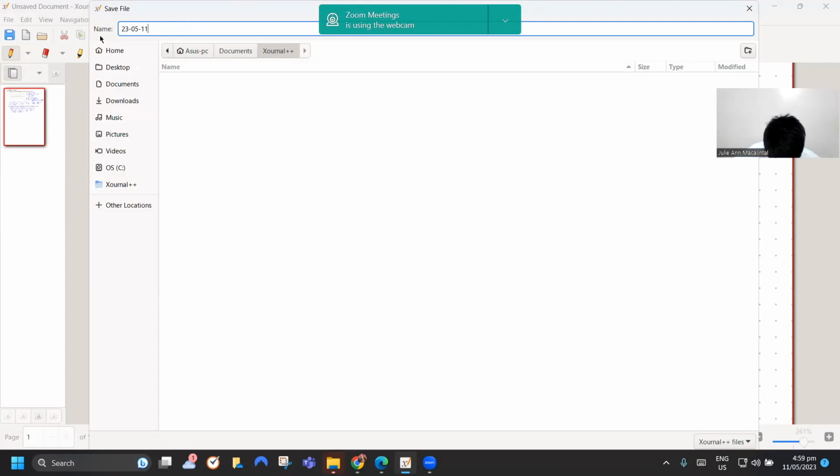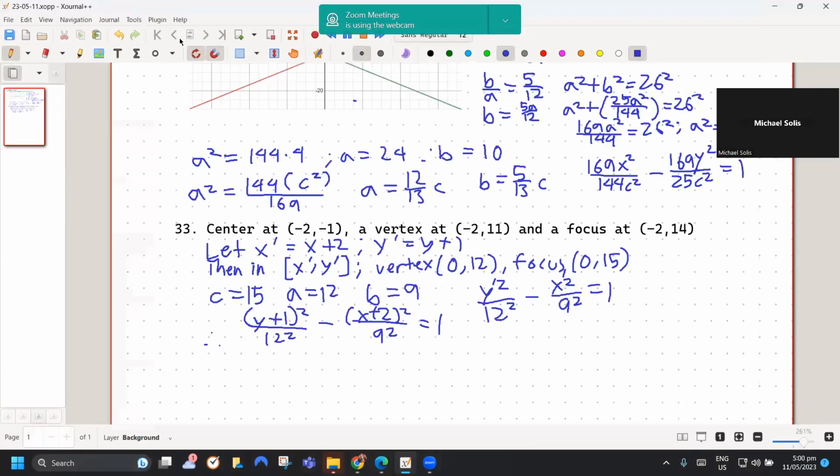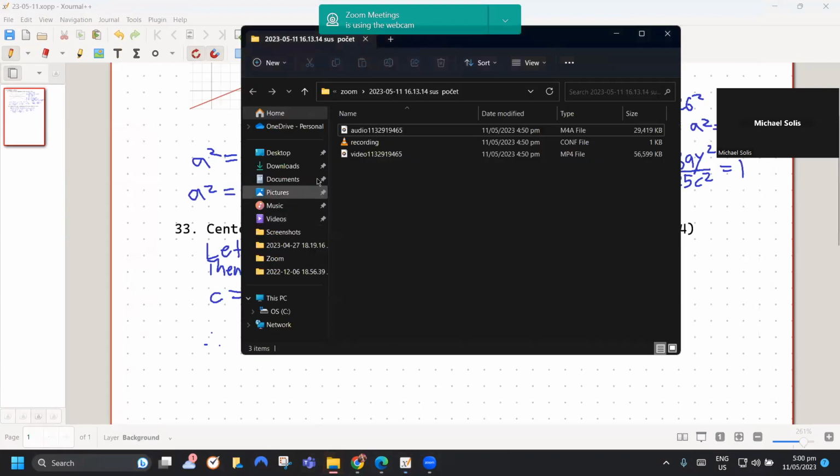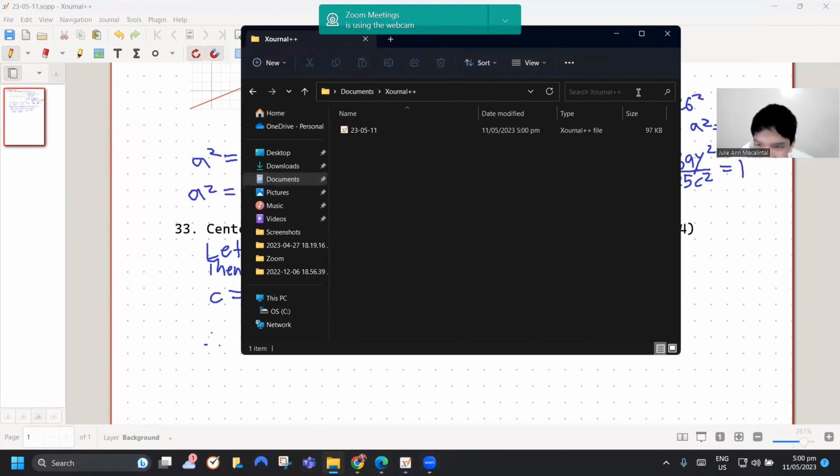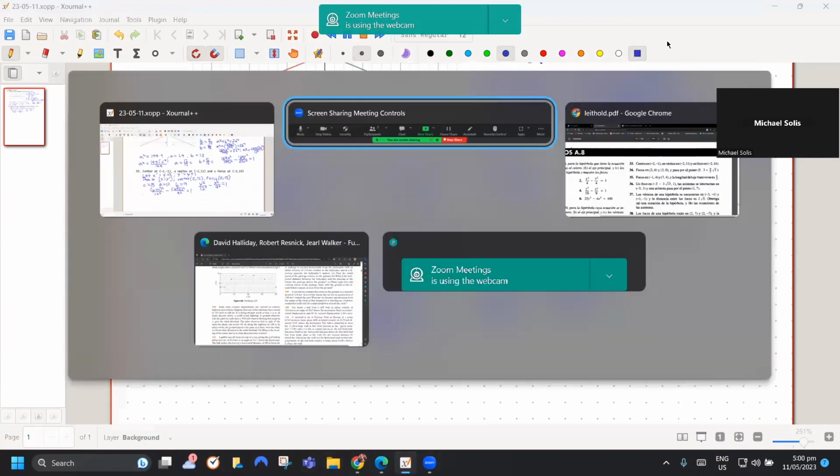Yun. Tapos, and then save. Or press enter. Pag pinress enter, magsasave na yan eh. Ayan. Okay. Ngayon, send mo sa messenger.